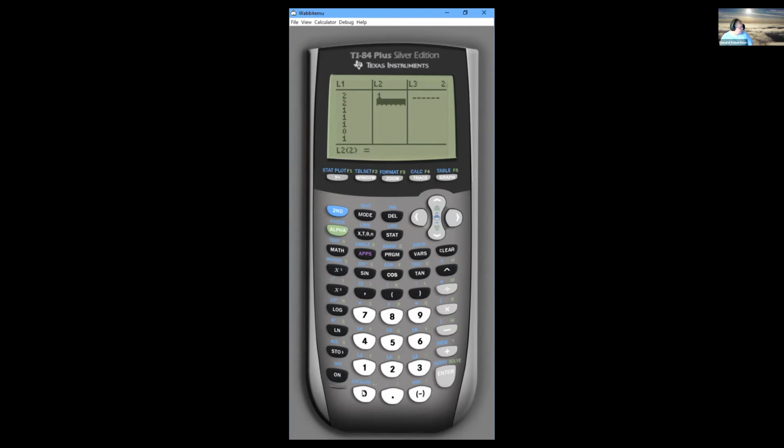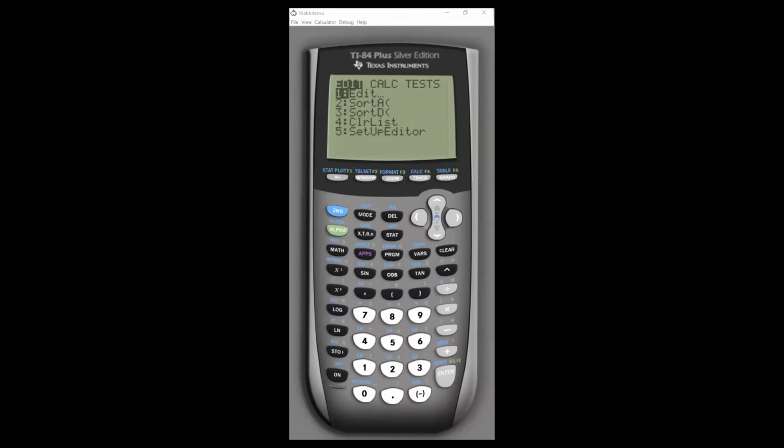So they were 1, 0, 3, 1, 0, 2, 1, 2, and 1. Okay. And different sample sizes are fine. Now I hit stat button again. Where do I go to find means and standard deviations? You go over to calc.